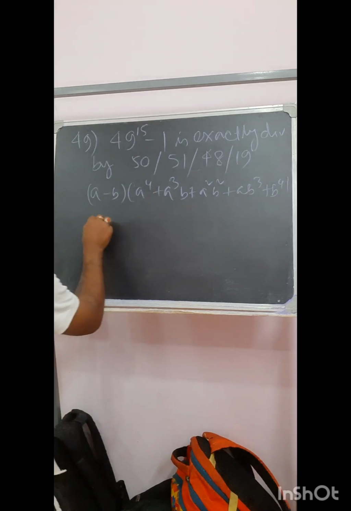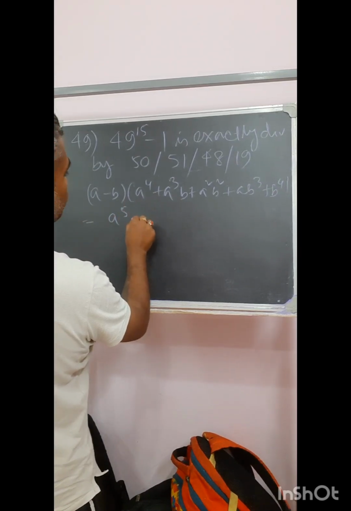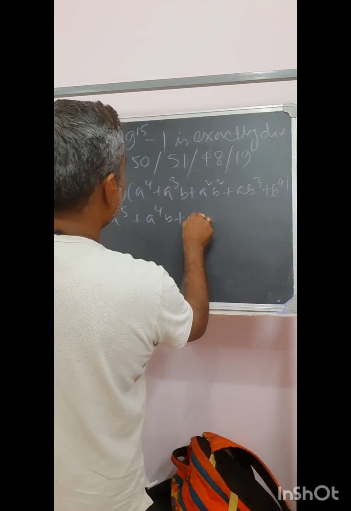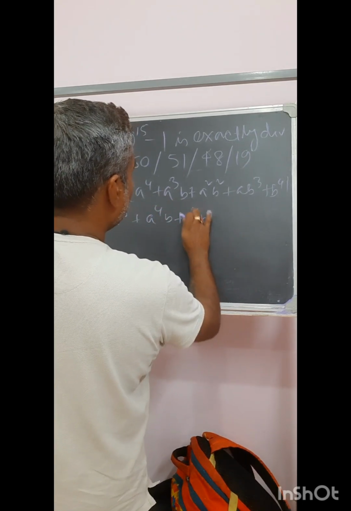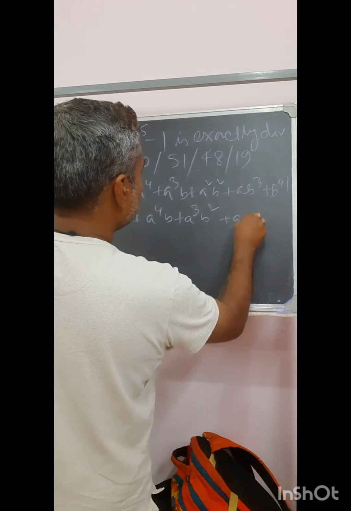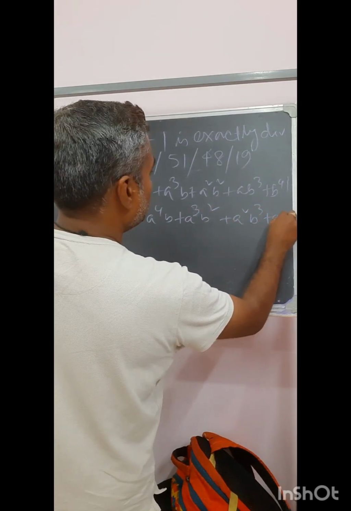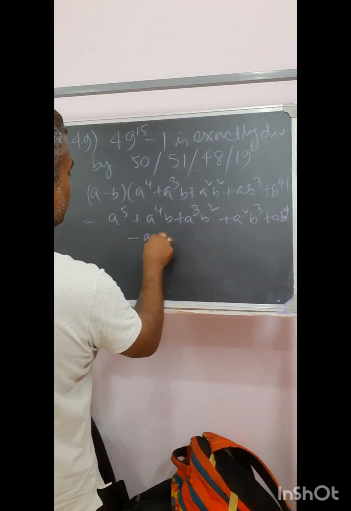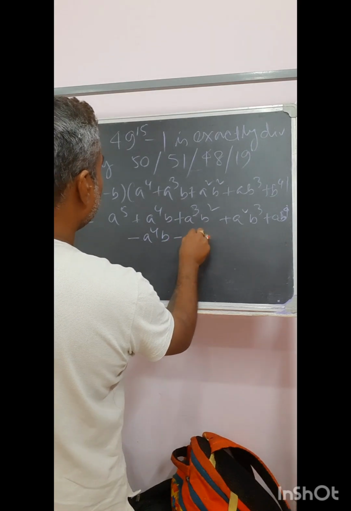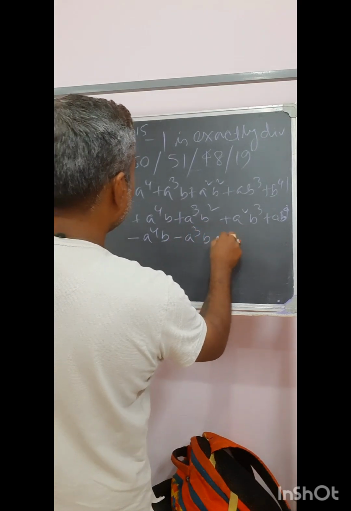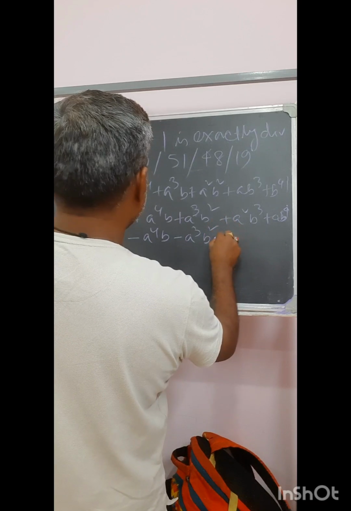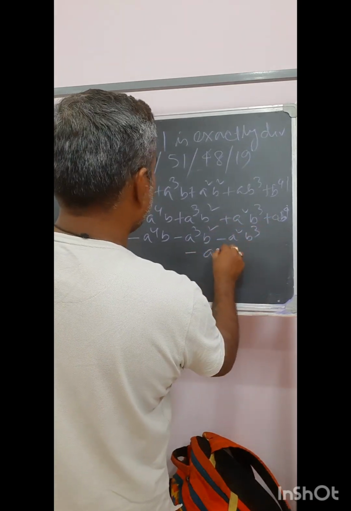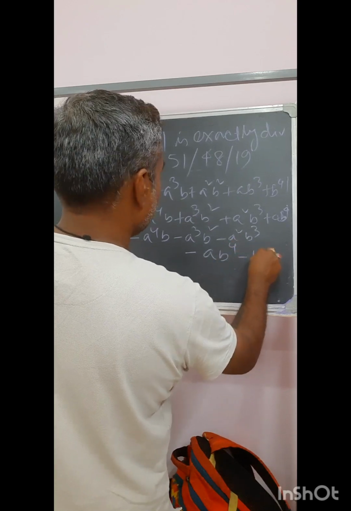Now if I multiply all, I will get a to the power 5 plus a to the power 4 b plus a cube b square plus a square b cube plus a b to the power 4. Next, minus a to the power 4 b, minus a cube b square, minus a square b cube, minus a b to the power 4, minus b to the power 5.